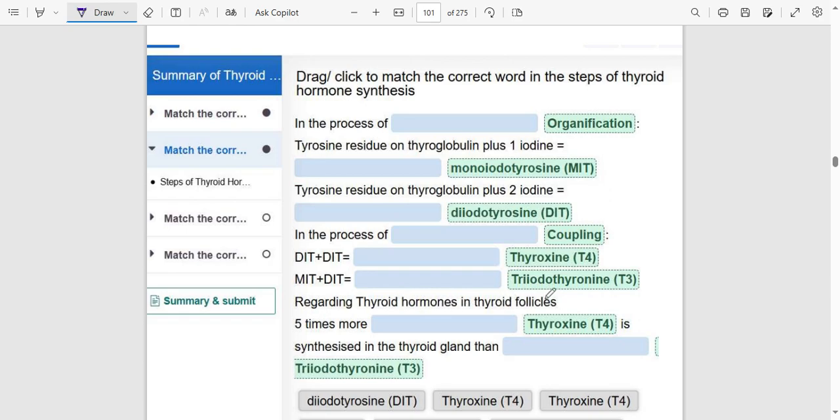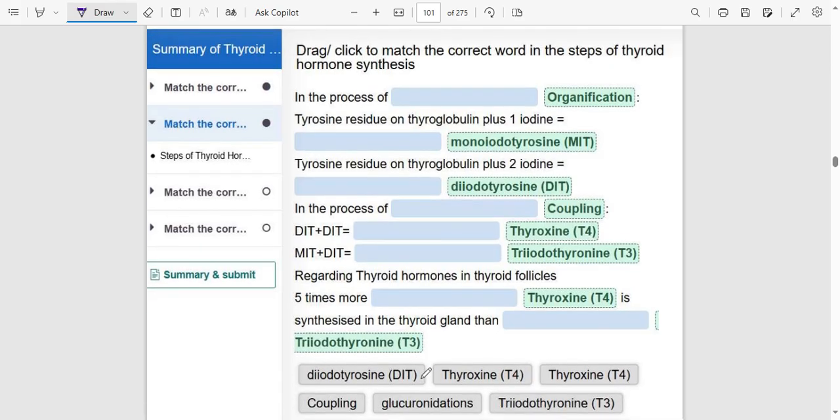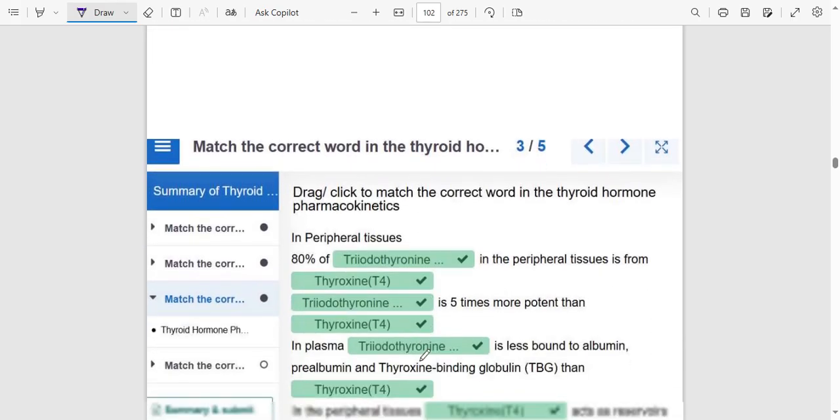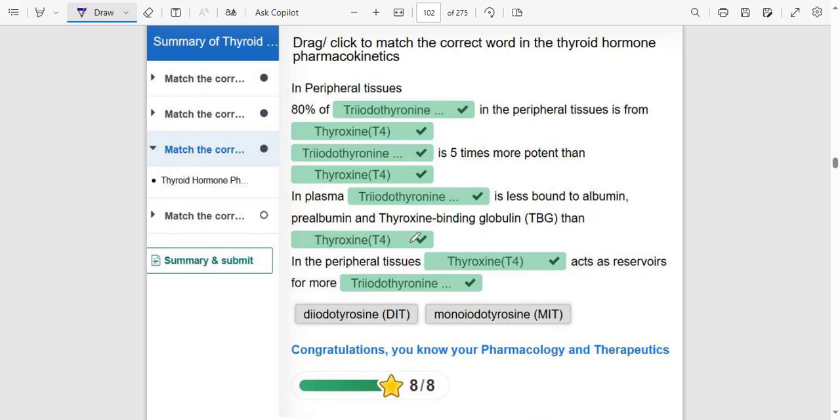Regarding thyroid hormone in the thyroid follicles, there is five times more T4 than T3. T4 is the majority, because mostly the T3 is not free, it's bound. In the peripheral tissue, 80% of triiodothyronine is from T4.